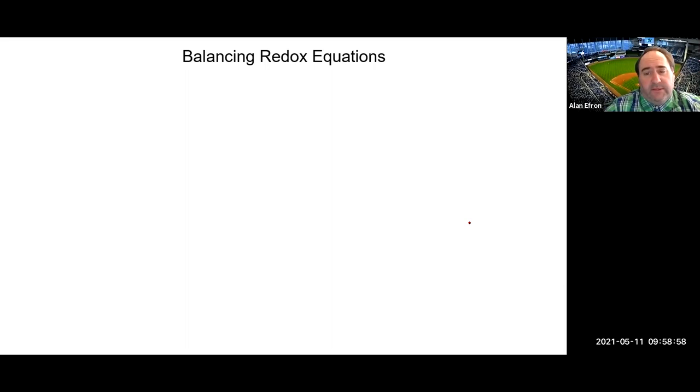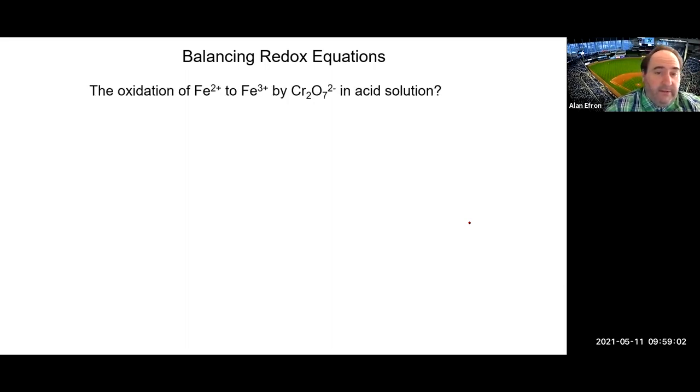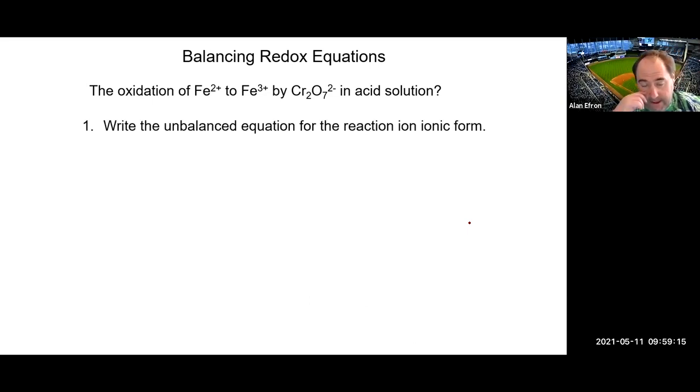And let's say we were going to do this reaction here, we're going to oxidize iron 2 to iron 3, and we're using dichromate here. And we would start with a balanced equation here.